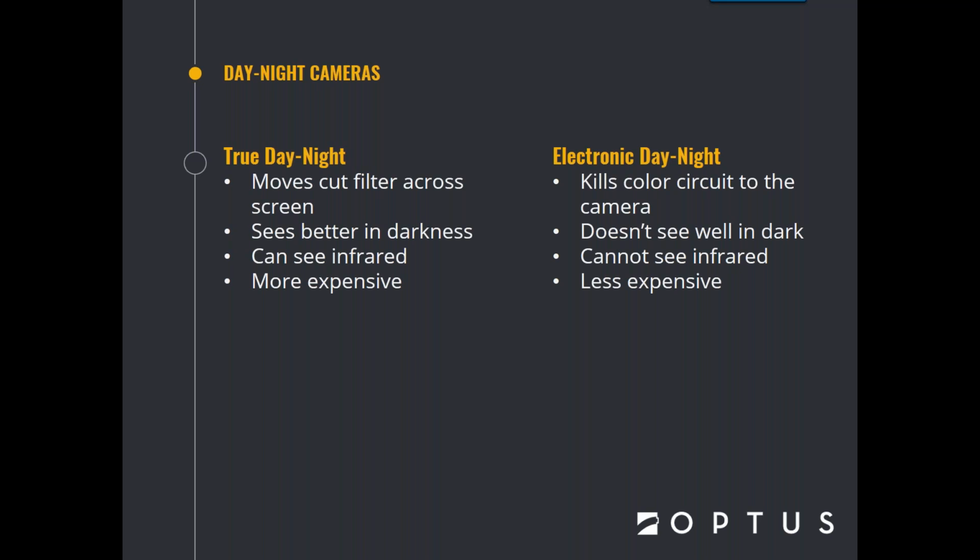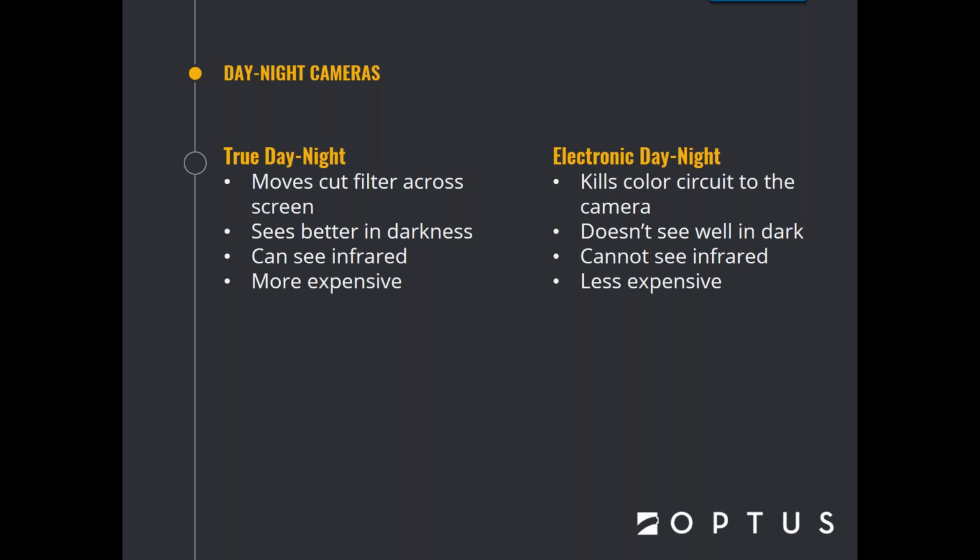There's true day-night cameras, and there's electronic day-night cameras. True day-night cameras, they move what we call a cut filter across the screen. So an obvious black line, you will see it, moves across the screen, and then the picture after that will be black and white. Now, electronic day-night cameras, they basically kill the color circuit to the camera.